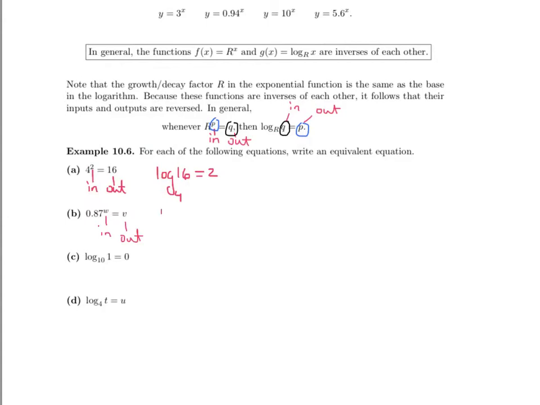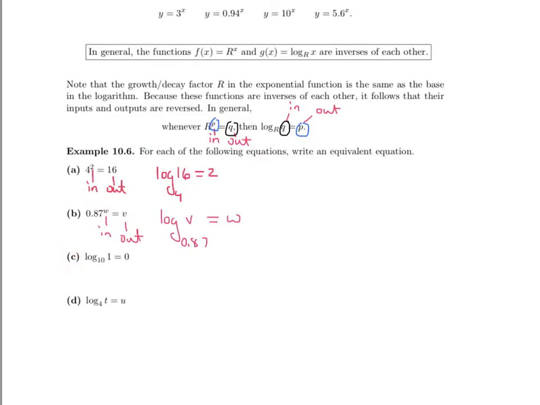So we could rewrite this equation in an equivalent logarithmic form. It would be log base 0.87, and now the input for the logarithmic function is the same as the output for the exponential function, which is V, and the output of the logarithmic function is the same as the input of the exponential function, which is W.